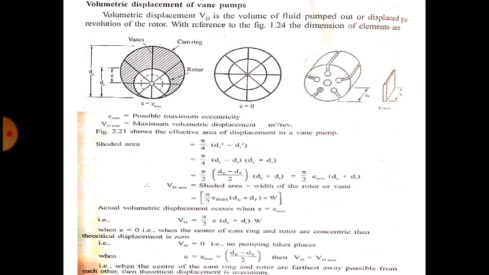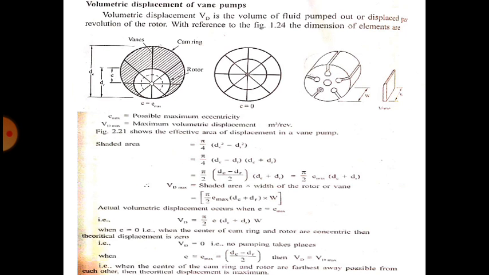So Vd equals pi by 4 times (Dc minus Dr) times (Dc plus Dr) times W. Here (Dc minus Dr) divided by 2 is the maximum eccentricity, so the volumetric displacement is equal to pi by 2 times e times (Dc plus Dr) times W.